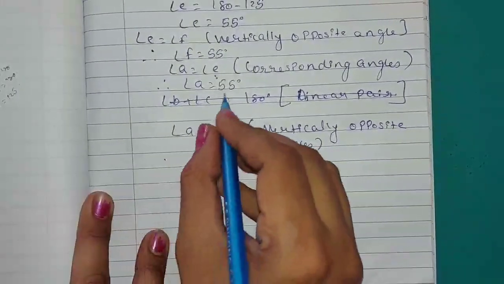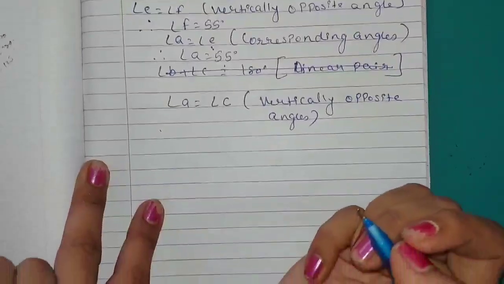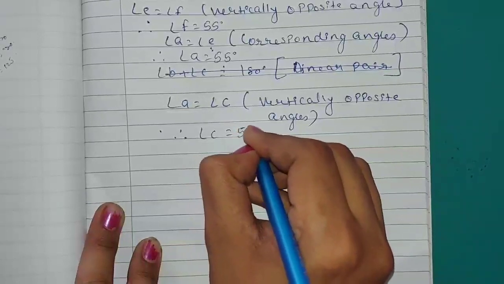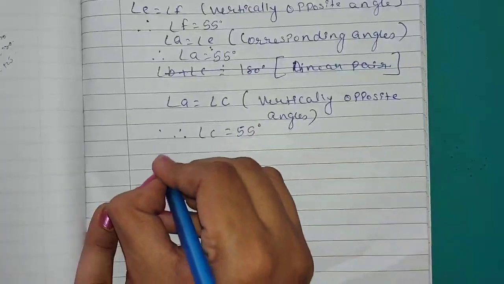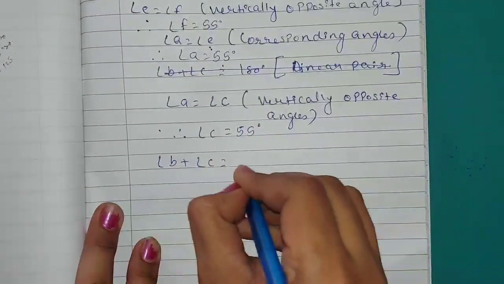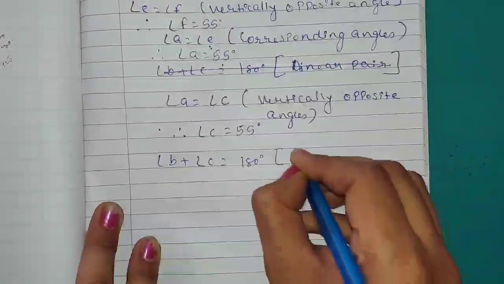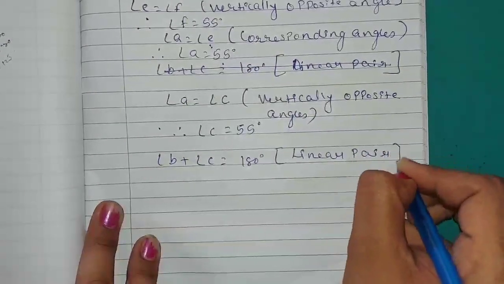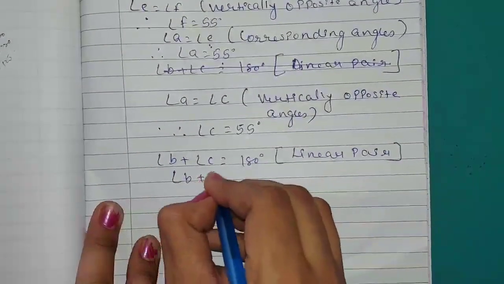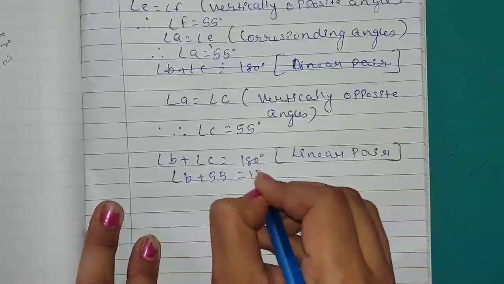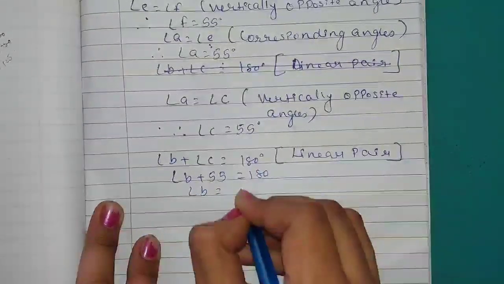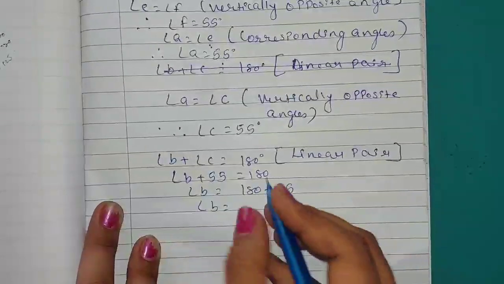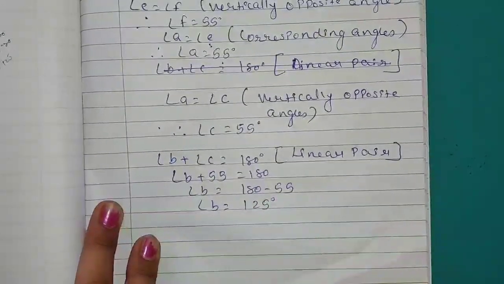So angle A equals 55 degrees, therefore angle C equals 55 degrees. Now we know that angle B plus angle C equals 180 degrees because of linear pair. So angle B plus 55 equals 180. Therefore angle B equals 180 minus 55. So angle B equals 125 degrees.